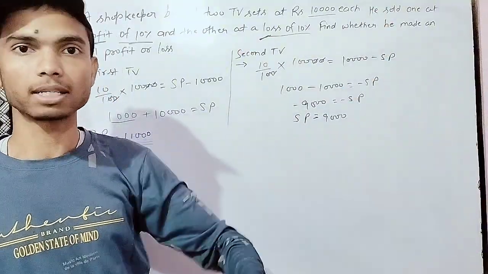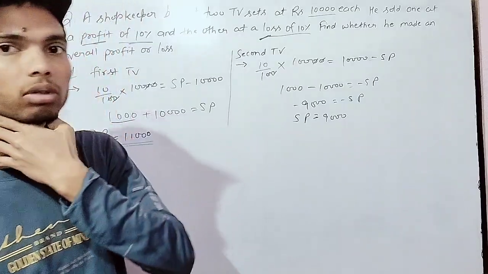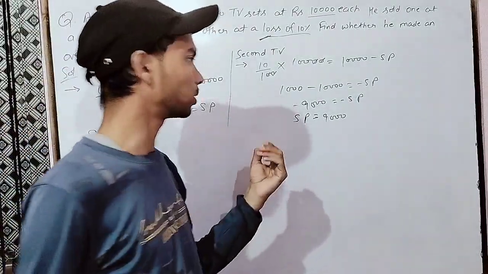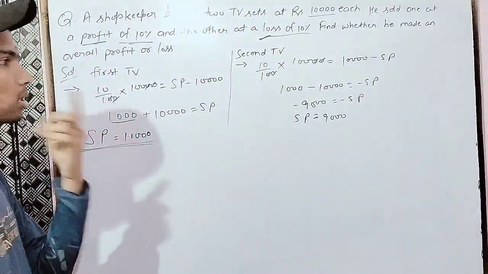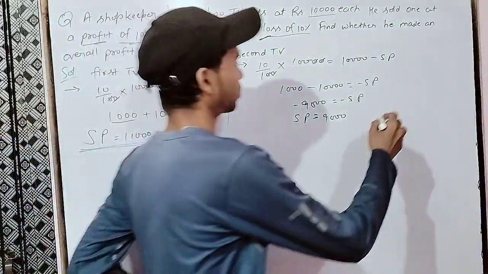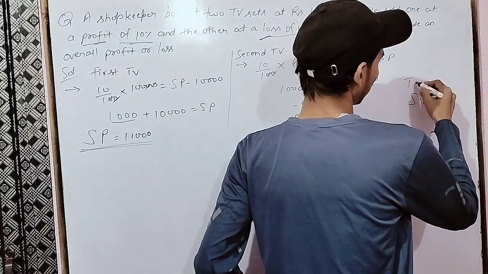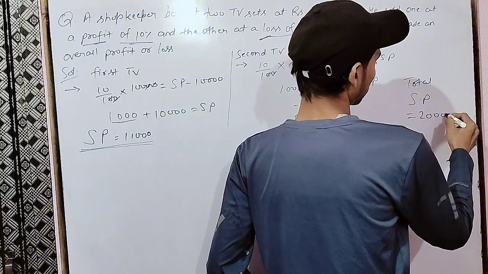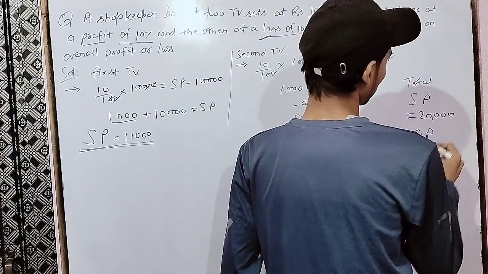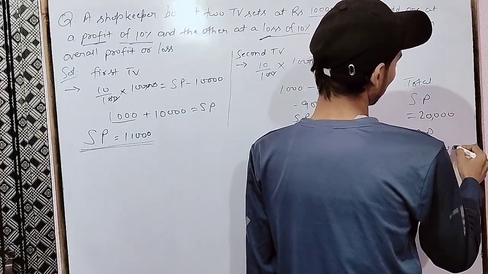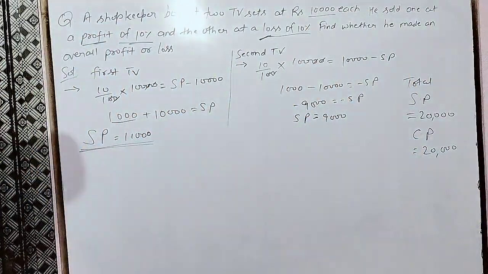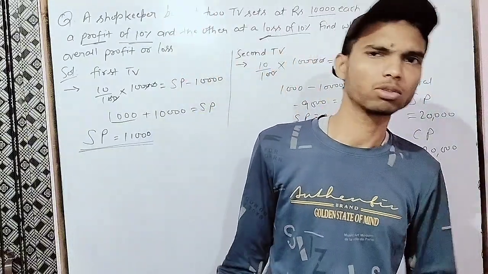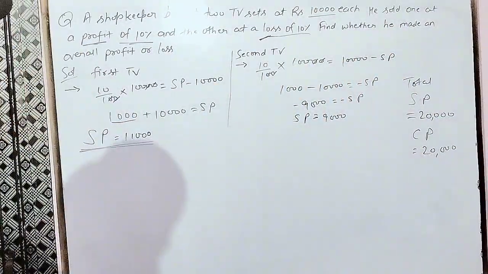And finally, the price became 9,000. Now, the total selling price is how much? 20,000. And the cost price is how much? 20,000. So here, neither profit nor loss, equally.